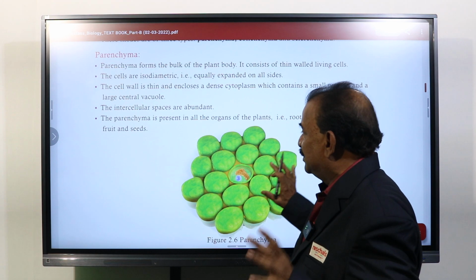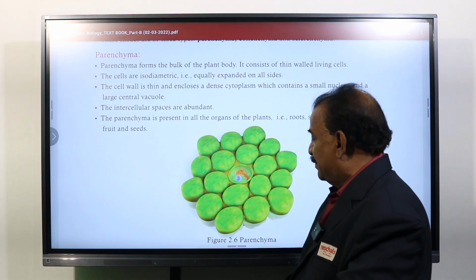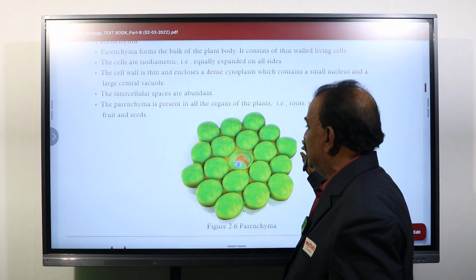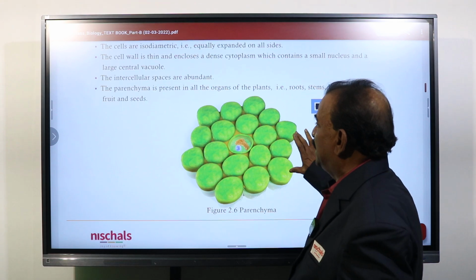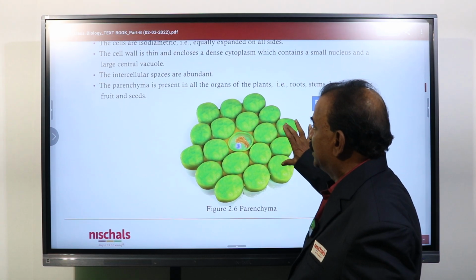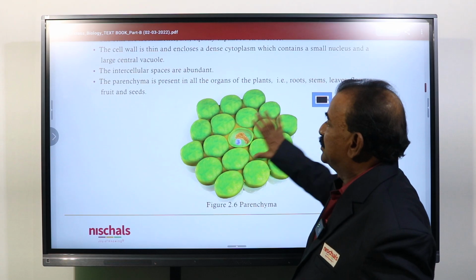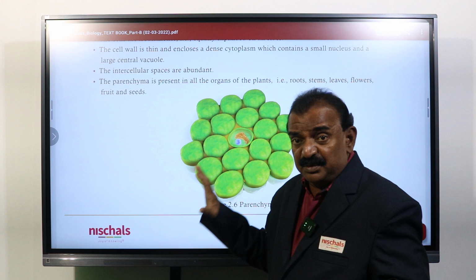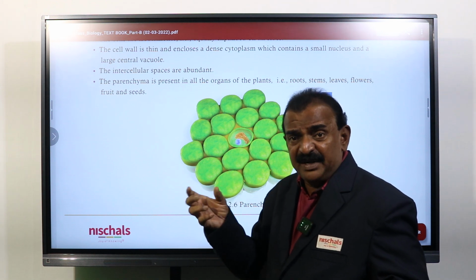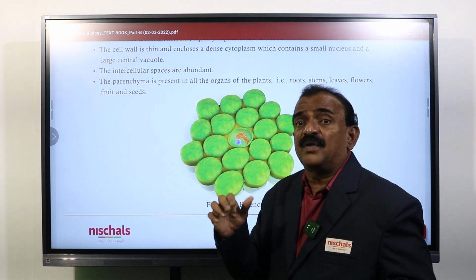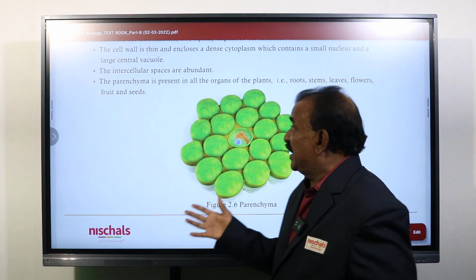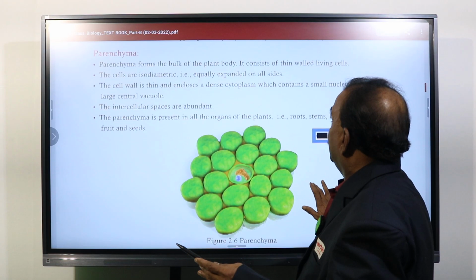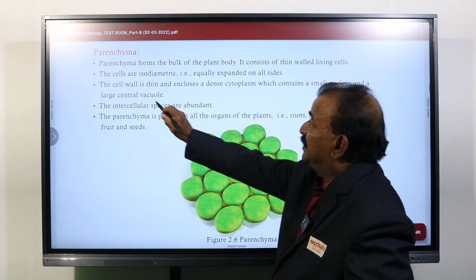So here, children, you are observing a good diagram, that is figure number 2.6, parenchyma, on the interactive flat panel. So these are parenchyma tissue, a very beautiful tissue you are observing, and there you see the shape of this parenchyma tissue. Parenchyma tissue is isodiametric and equally expanded on all sides, and the cell wall is thin.